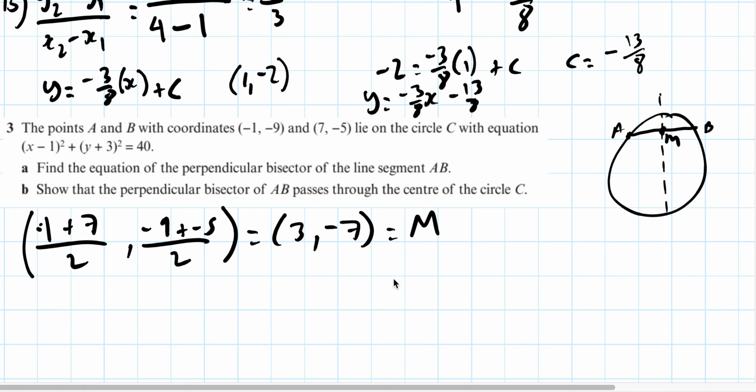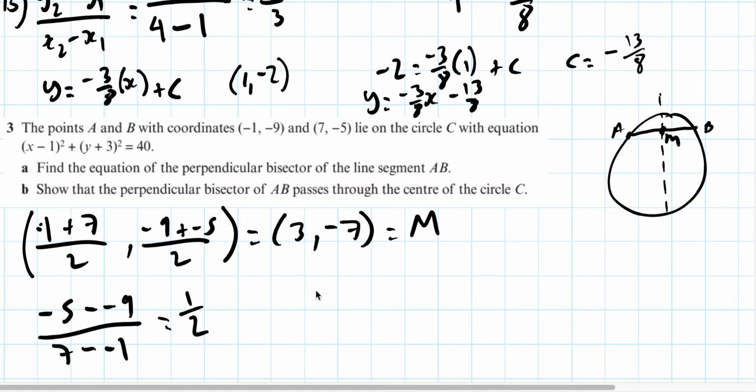Now what we're going to do is work out the gradient of this line segment, because for the perpendicular bisector we can find the gradient of the line cutting it. So gradient is y2 minus y1 over x2 minus x1: minus 5 minus minus 9 over 7 minus minus 1, which equals 4 over 8, which is a half.